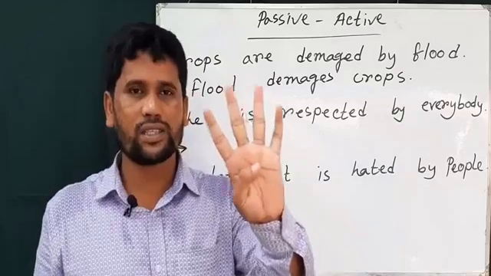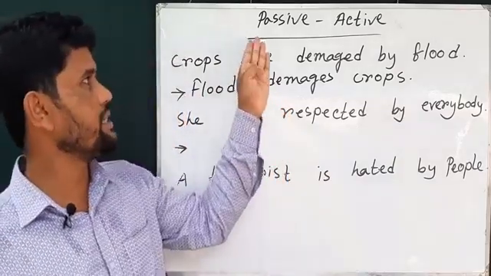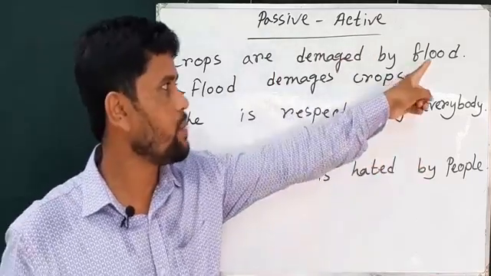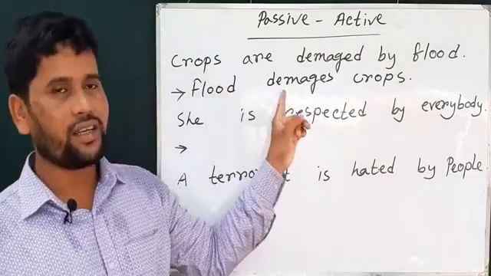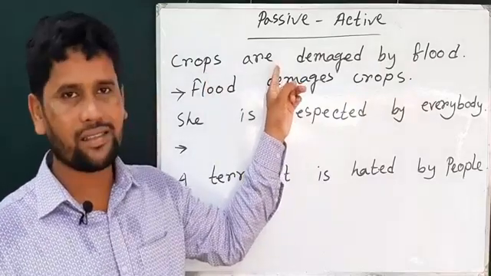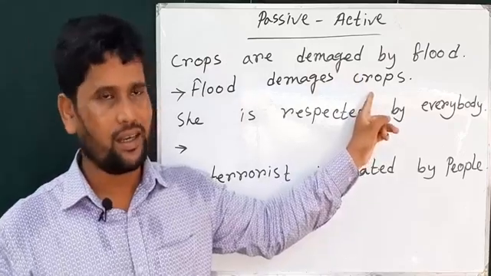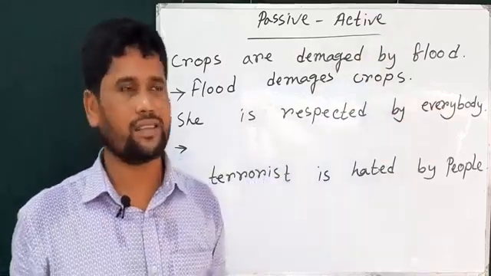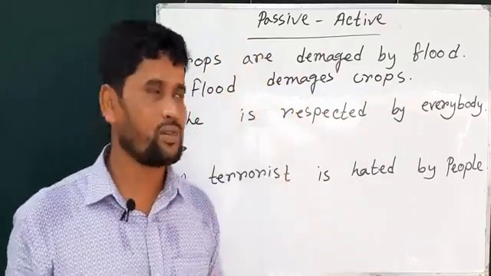So only 4 steps you can follow to change any passive to active. First write the object, turn the object to subject, then write the verb according to tense, and then turn the subject into object, and write extension if there is. Here there is no extension. So only 4 steps to follow to change passive to active.